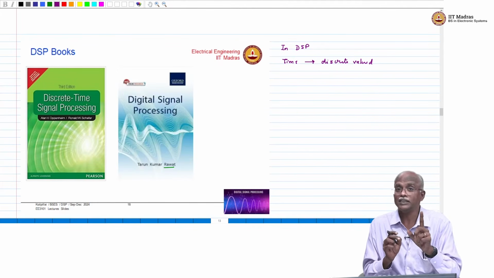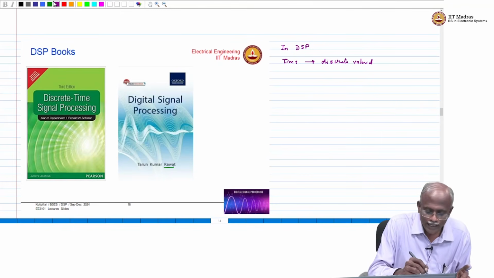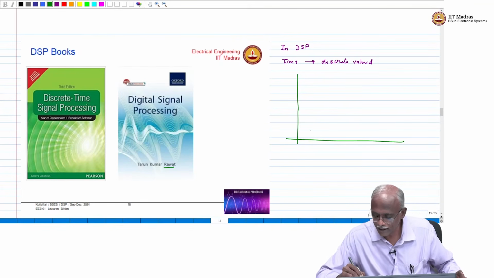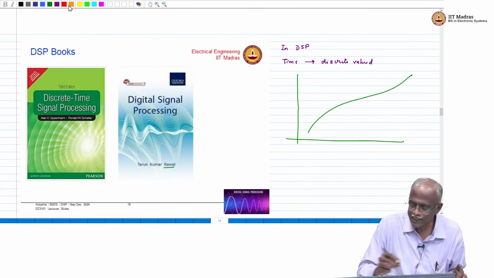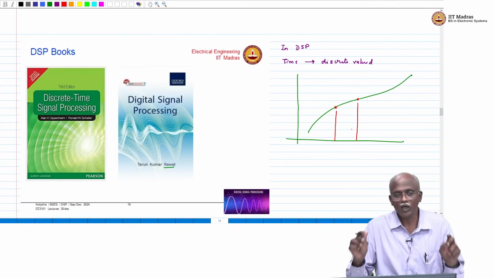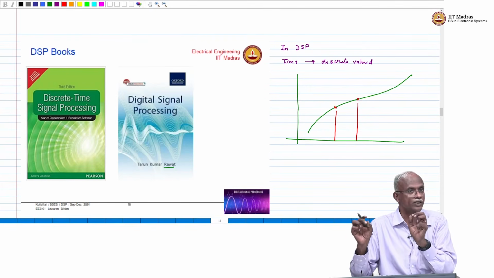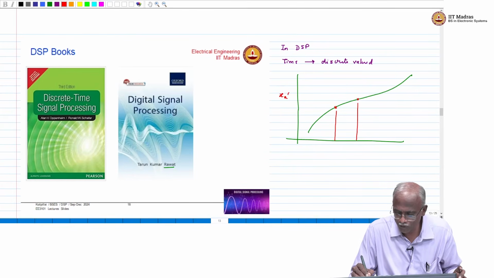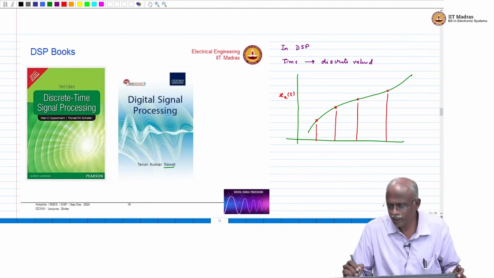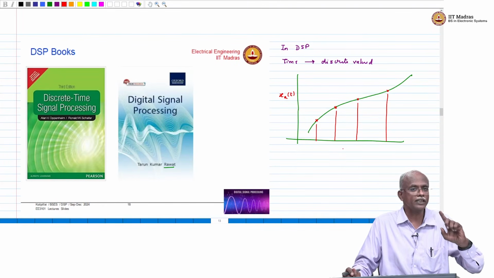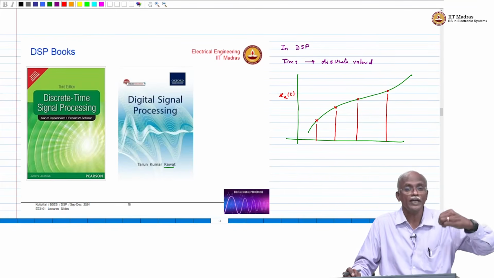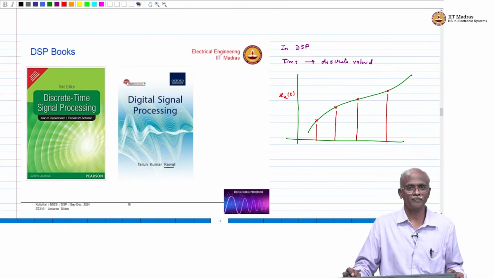Okay. Now, what about digital signal processing? We call it a digital signal under the following conditions. Supposing you had a continuous time waveform, x a of t. We sampled this signal according to our sampling criterion and got a discrete time signal, x of n. Now, if you represent the signal with infinite precision, then it will remain an infinite precision discrete time signal.